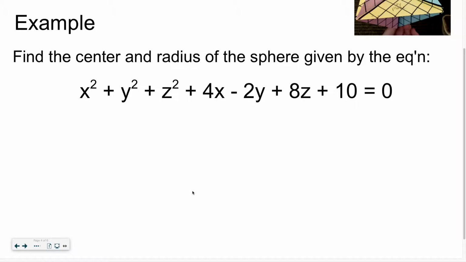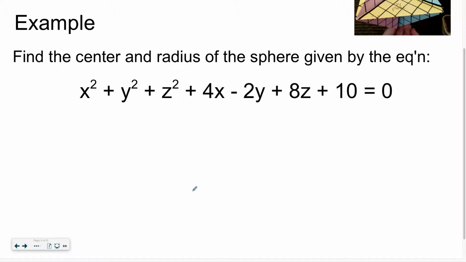Okay, so what are some of our steps at the beginning if we want to rewrite something by completing the square? What kinds of things are we going to do to get going? Subtract 10, move that one to the other side, and then I think, Campbell, what did you say? Rearrange so that like variables are with their partners, right? So like x squared and x are together, y squared and y are together.